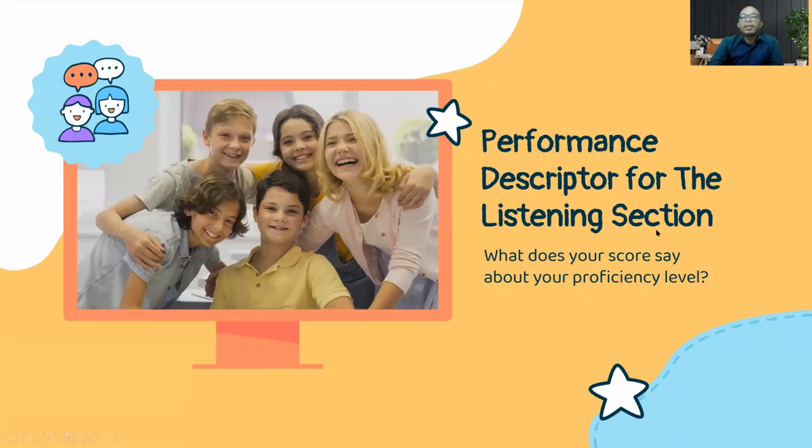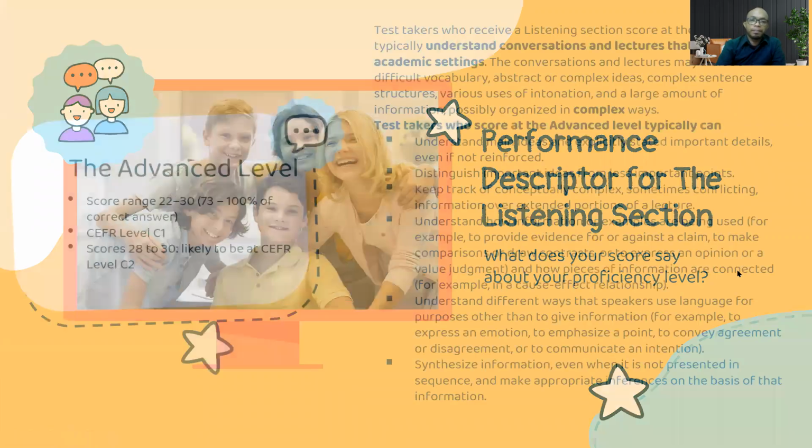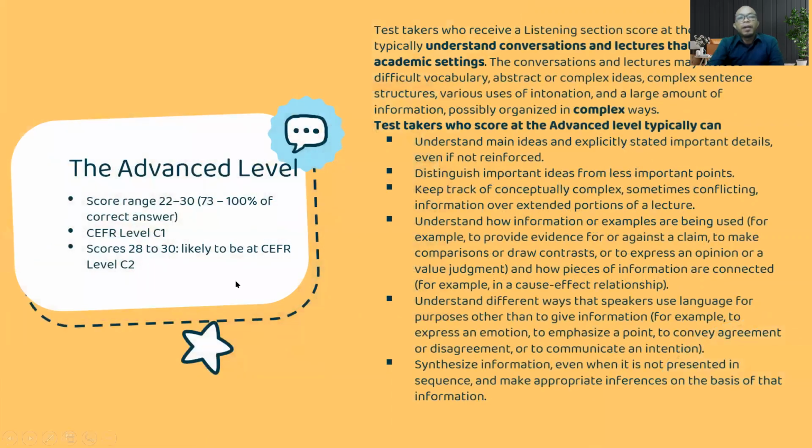Now, let's see what your score will mean in the listening section. So the first one, the highest level, is the score between 22 to 30, meaning you answered 73 up to 100% of the questions correctly. If you get this level score, that means that you are at the C1 level in the CEFR.